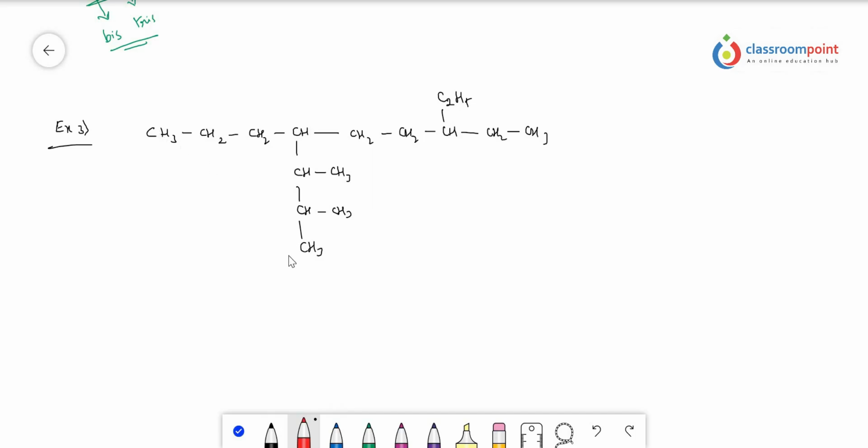So here 1, 2, 3, 4, 5, 6, 7, 8, 9 are there. And if you see this one, 1, 2, 3, 4, 5, 6, 7, 8, 9 are there. So I will make this one the complex substituent.